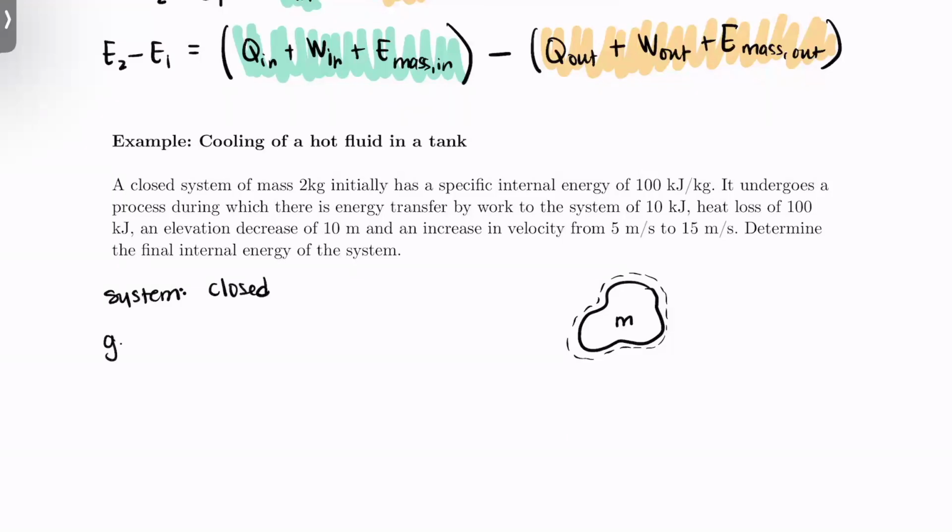And then we're given some information about this. We're given that M is 2 kilograms. We're given that its initial specific internal energy, so my lowercase u at state 1, is equal to 100 kilojoules per kilogram.